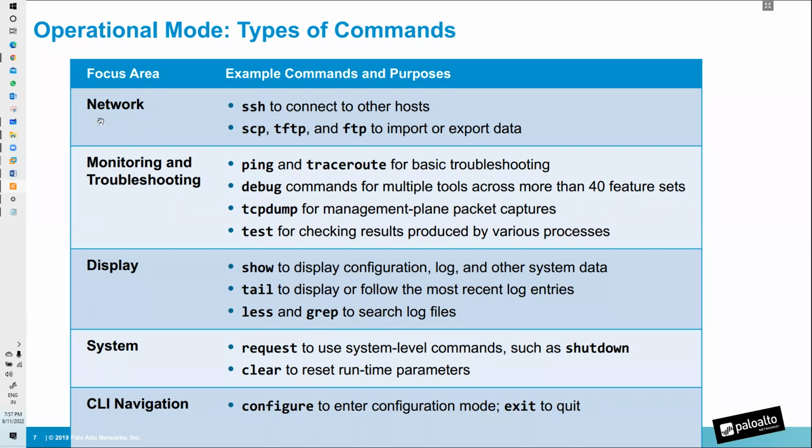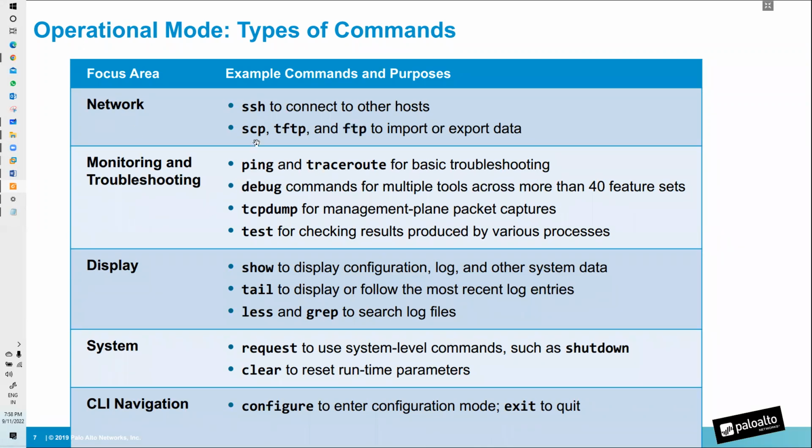Generally we can run network commands, troubleshooting and monitoring commands, display commands, system commands, and CLI navigation commands. What are network commands? Like SSH, SCP, TFTP, FTP, right? Or import or export data. To import and export data, we can use these types of commands in operational mode.